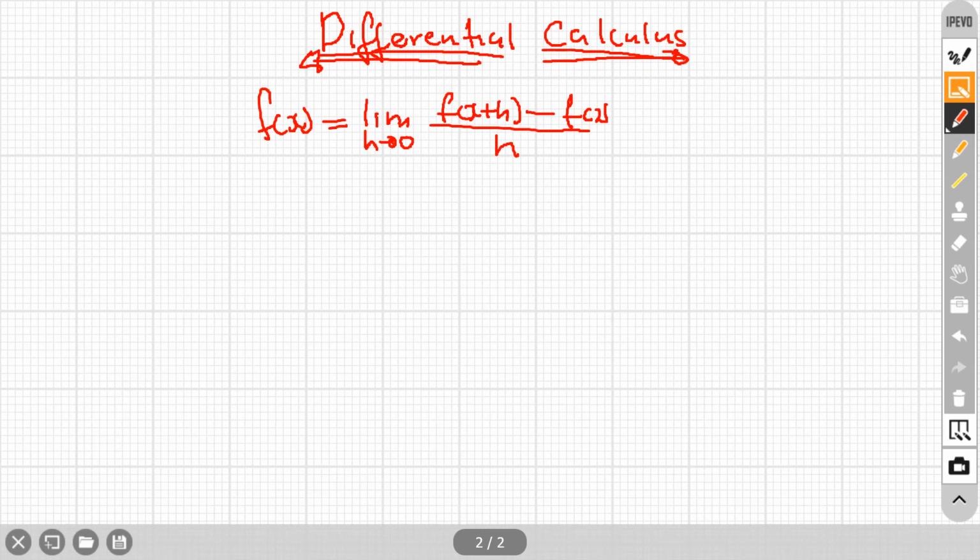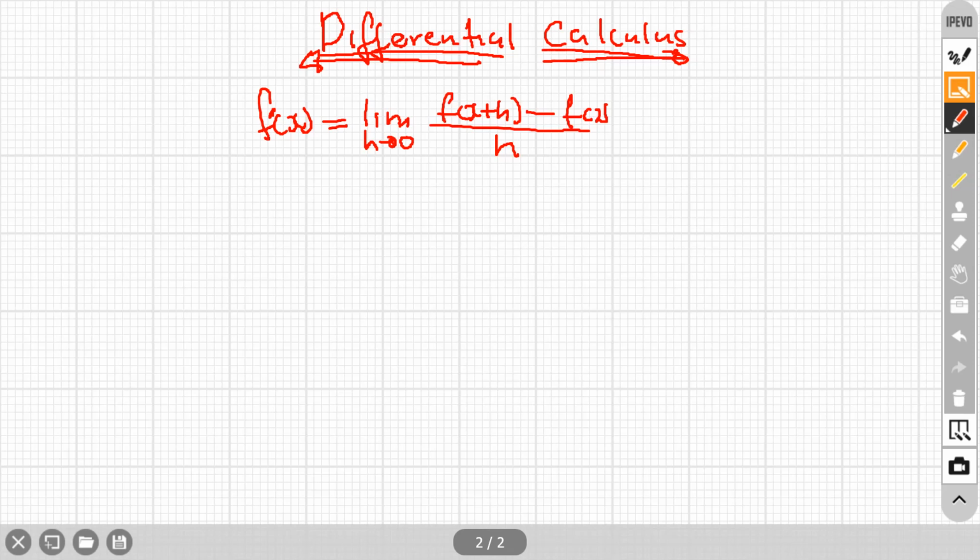Whenever you are asked to differentiate or determine the derivative using the first principle, first of all, you should state what the first principle says. It's f prime of x, the first derivative of x, is equal to lim h approaching 0 of f of x plus h minus f of x, all over h.